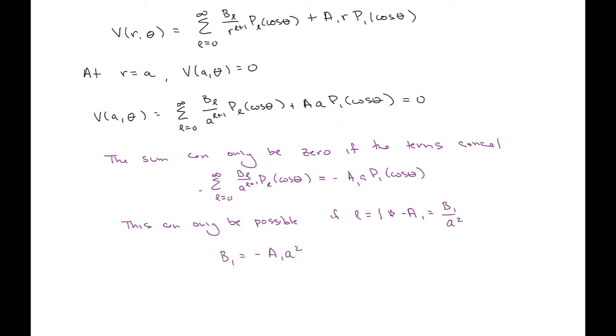Using both of our boundary conditions gives a specific solution for this particular problem for the potential outside the sphere that looks like negative a1 times a to the third divided by r squared times P1, the Legendre polynomial for L equals 1.